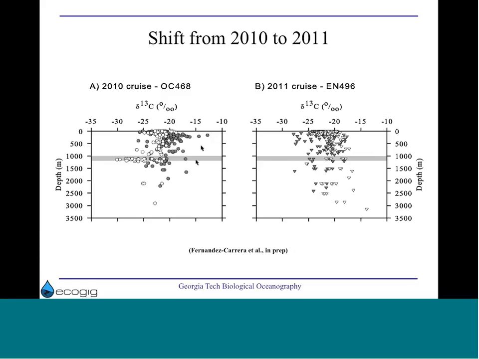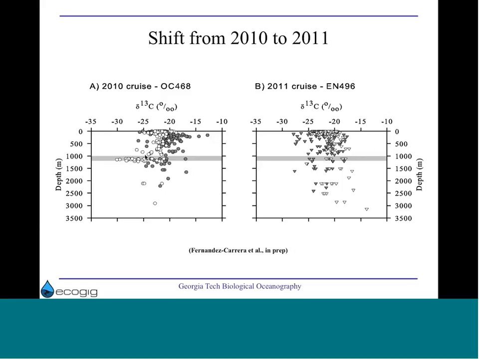The filled symbols are near the wellhead. And you can see that isotopic contrast, and in particular, that very clear signature associated with that deepwater plume at about 1,000 meters.